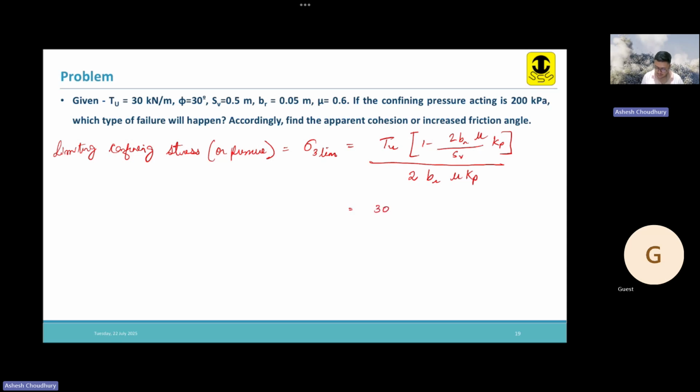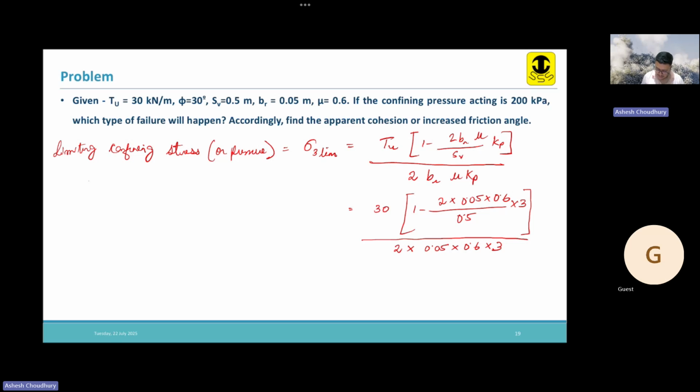So we put the values: 30 times (1 minus 2 into 0.05 and 0.6 and 0.5) divided by 2 into 0.05 times 0.6 times 3.